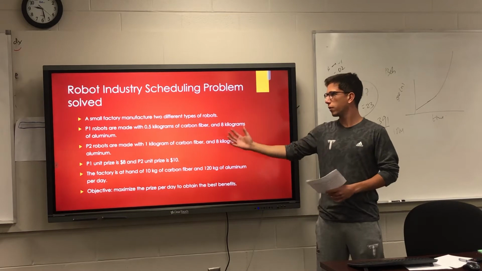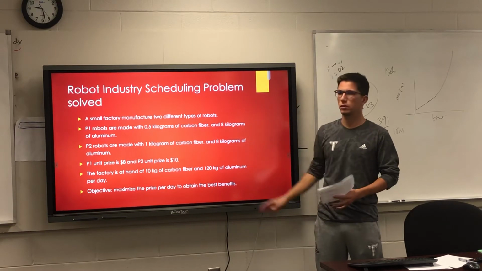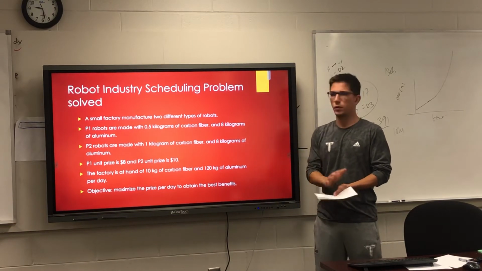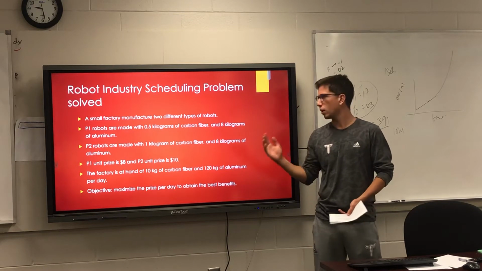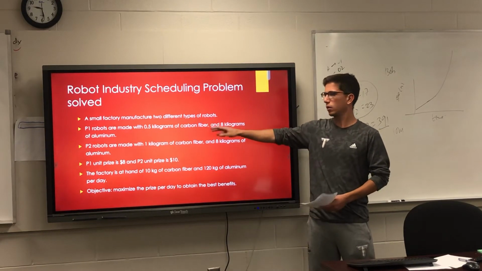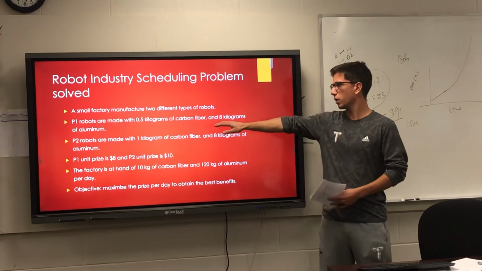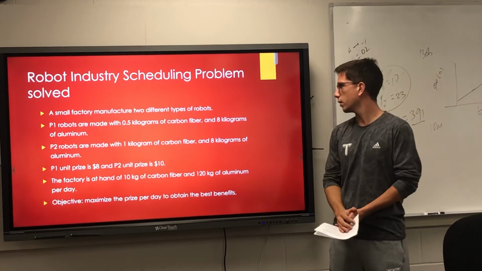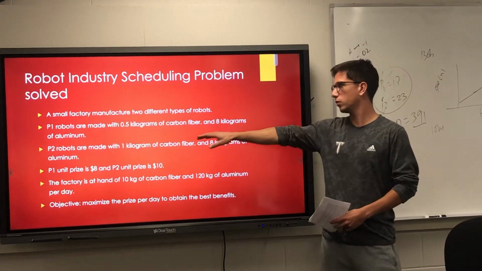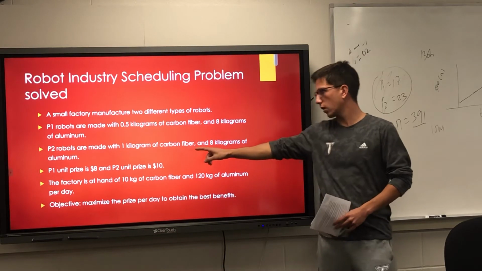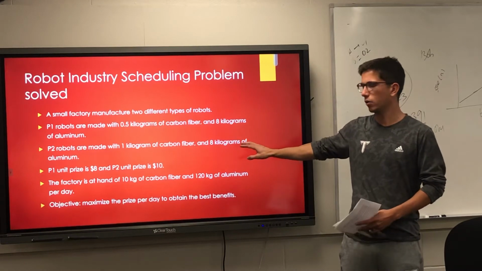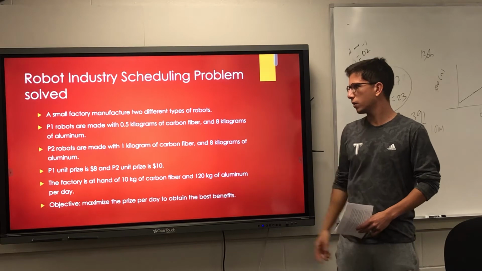And here is the problem I work on. We have a small factory manufacturing two different types of robots, P1 and P2. The P1 robots are made with 2 kilograms of carbon fiber and 8 kilograms of aluminum. The P2 with 1 kilogram of carbon fiber and the same 8 kilograms of aluminum.